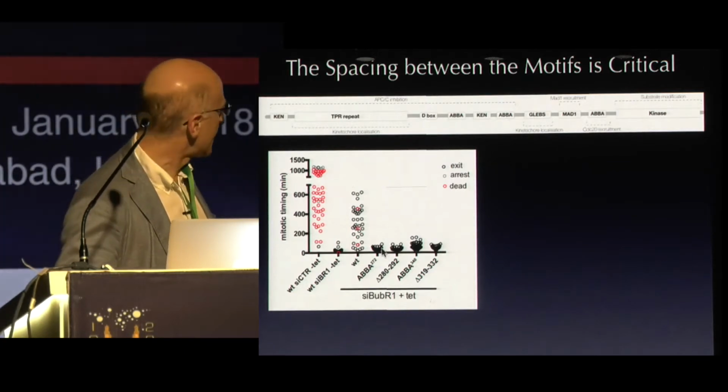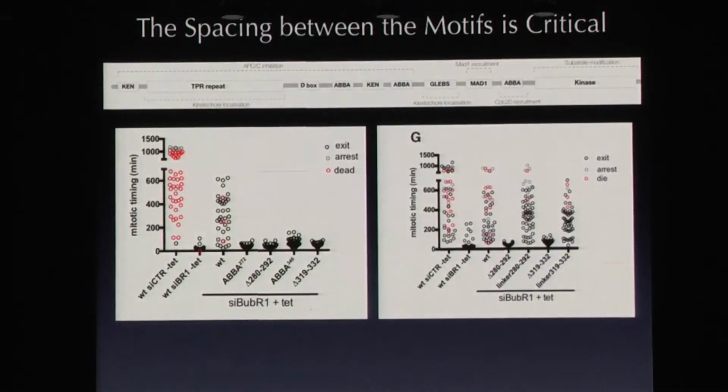But there isn't actually any particular sequence in there that's important, because you can just put back a linker of any sequence and you restore the checkpoint. So we have an Abba, Ken, Abba cassette, which has to be particular distances from each other. They're CDC20 binding motifs, and they are crucial for how the MCC binds the APC.